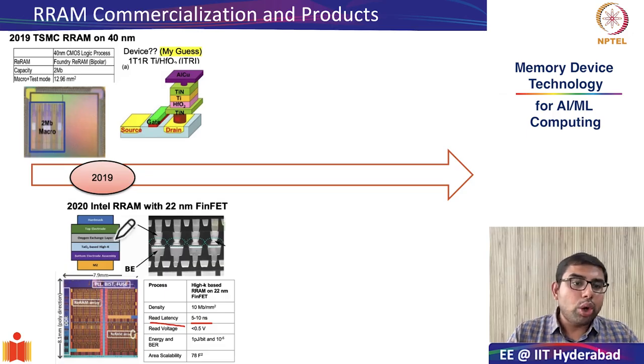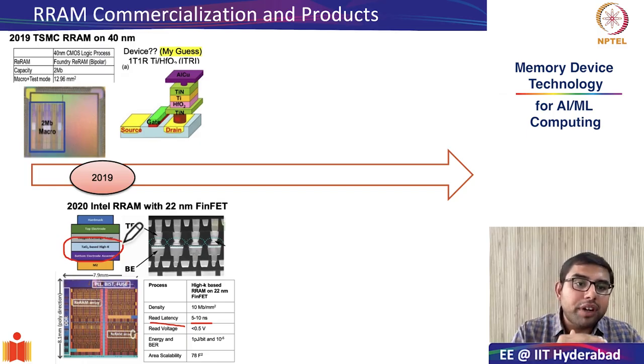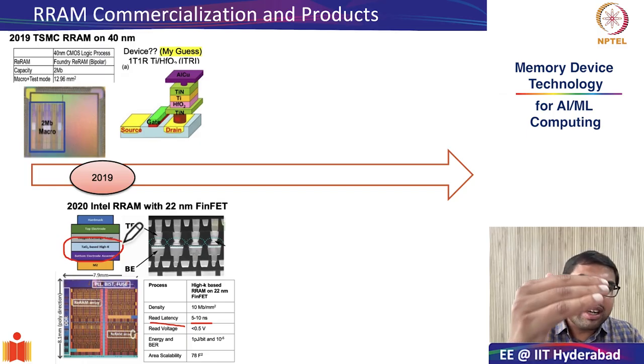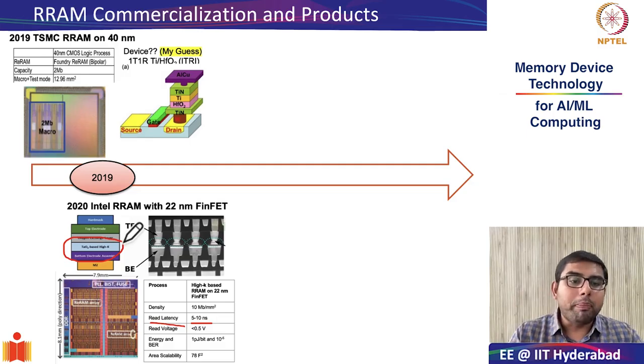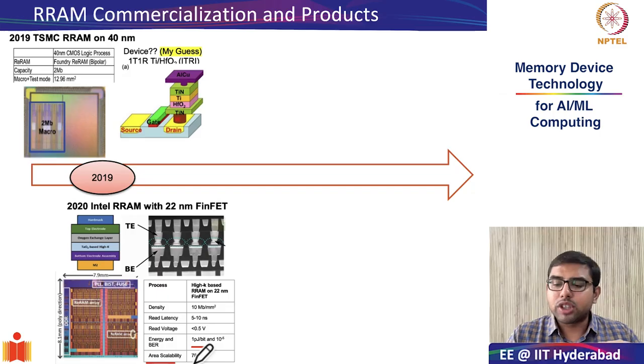Intel has disclosed that these RRAMs were also based on tantalum oxide along with a buffer layer between the tantalum oxide and the top electrode. However, despite having very low power requirements, the area scalability of these was not very good, at 78 F squared.